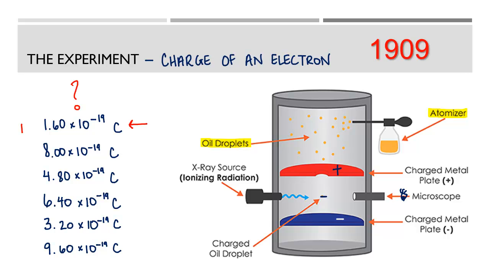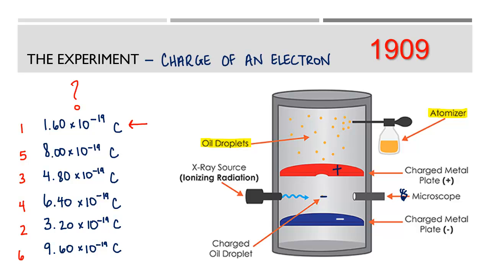So 1.60 times 10 to the negative 19th goes into itself one time. It goes into 8.00 times 10 to the negative 19th 5 times. It goes into 4.0 times 10 to the negative 19th 3 times. It goes into 6.40 times 10 to the negative 19th 4 times. It goes into the next number 2 times, and then the last number 6 times.